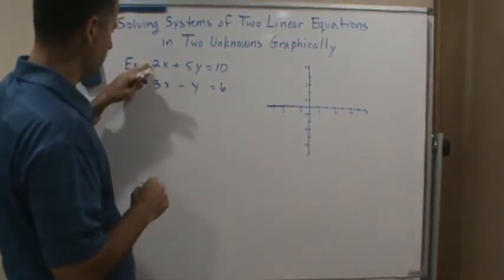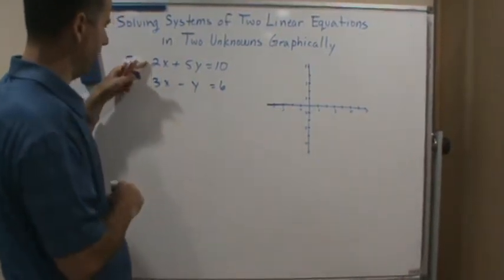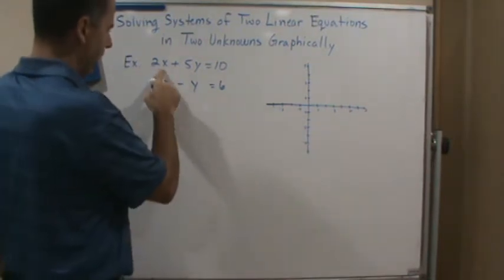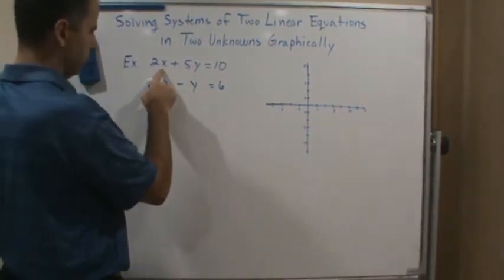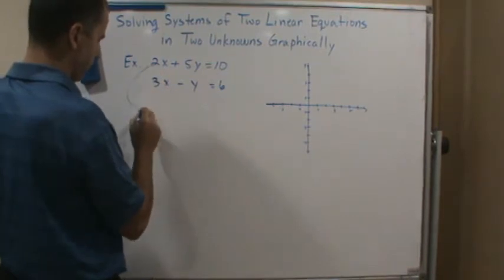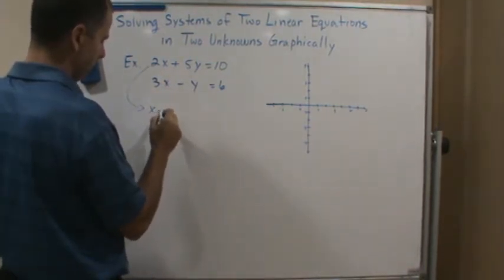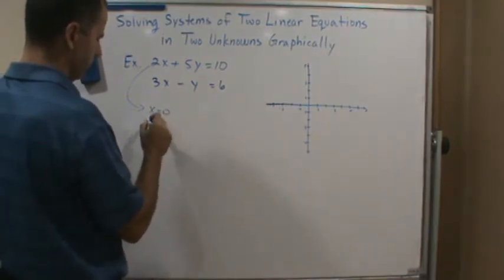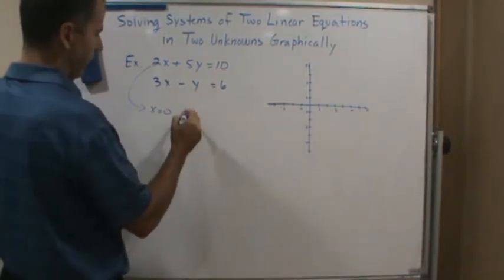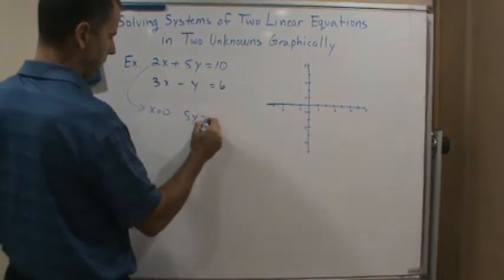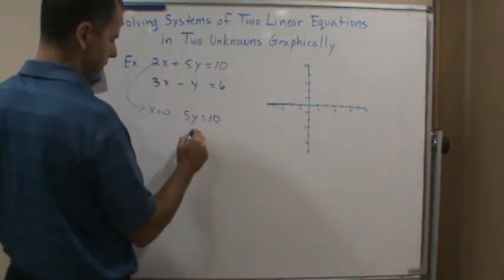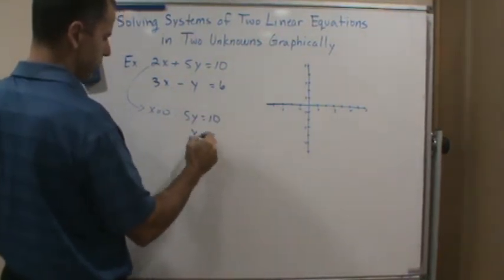Let's start with the top one. If we set x equal to 0, that will give us 5y equals 10, which gives us y equals 2.